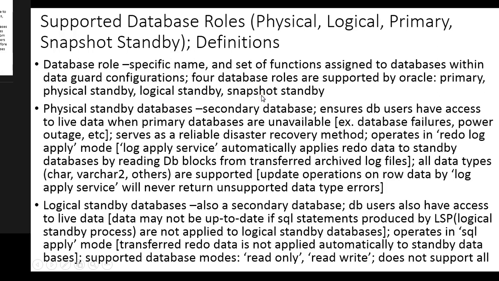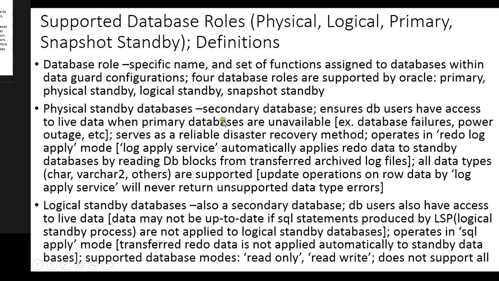So in terms of supported database roles, you have primary and standby databases, physical and logical. So what is a database role? A database role is a specific name and set of functions that have been assigned to a database within the Data Guard configuration. So you have four database roles in Oracle: primary, physical standby, logical standby, and snapshot standby.